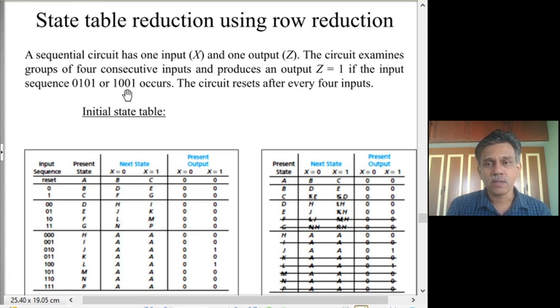Then only you will produce a 1 in the fourth bit. So if the third is 1 or the fourth is 0, immediately you can conclude that the pattern has not occurred. So we can indeed use these concepts and reduce the number of states that you are looking for.